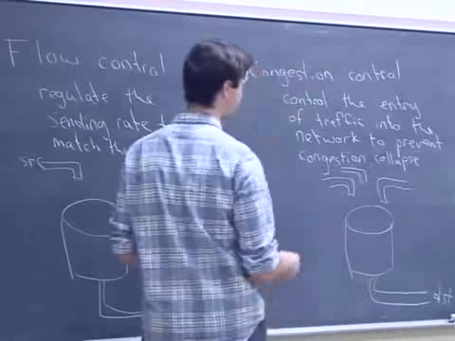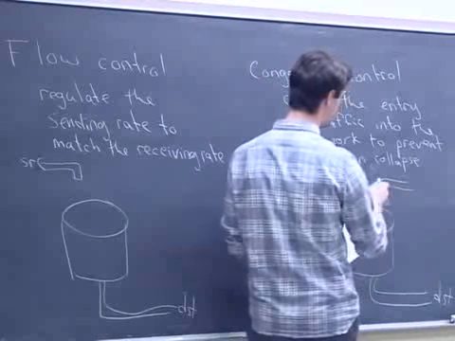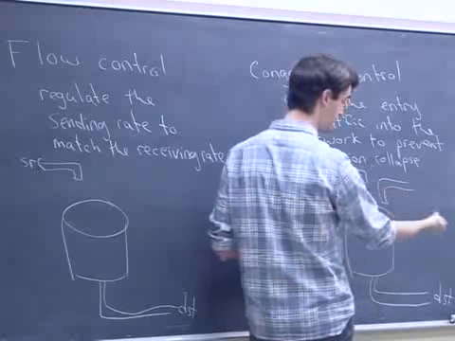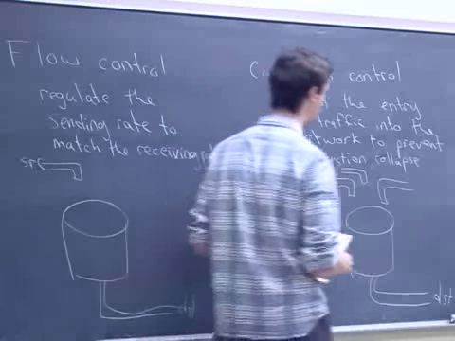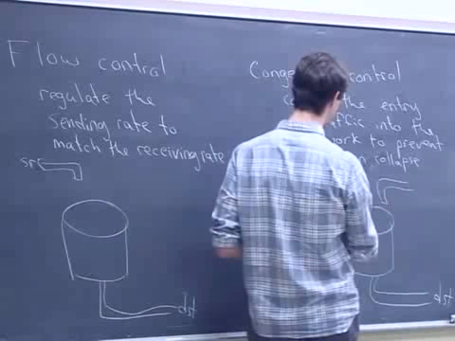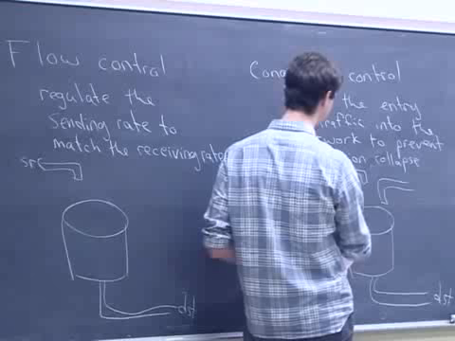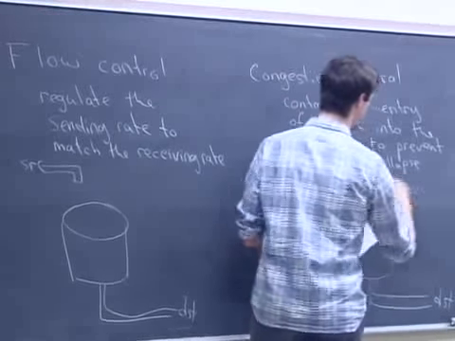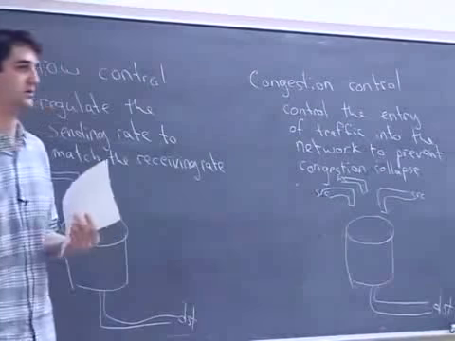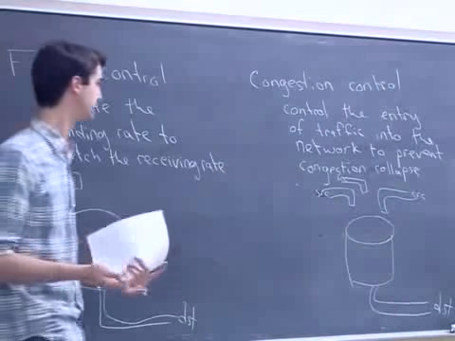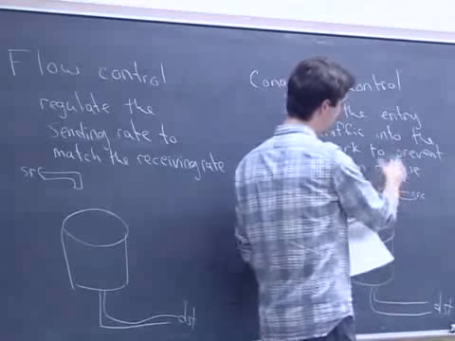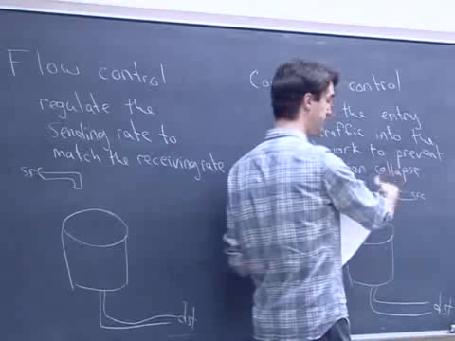And we somehow want to prevent this bucket from overflowing, which is congestion collapse. But these sources are all distributed and they do not communicate with each other. So they don't coordinate and say, okay, you go at this rate and I'll go at this rate. They have no communication with each other, and instead they work in this distributed fashion.